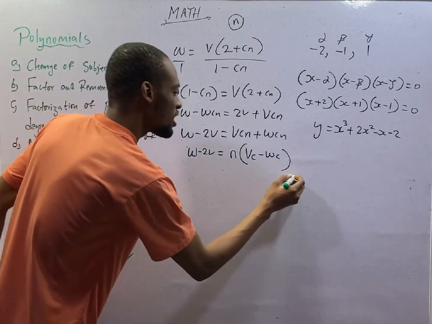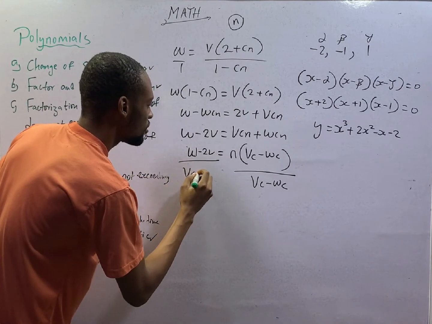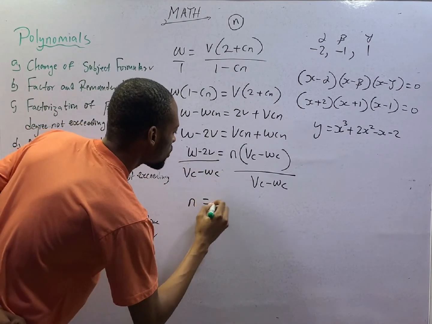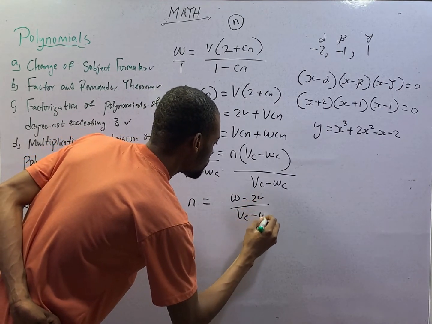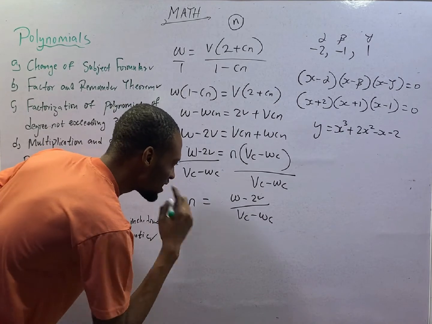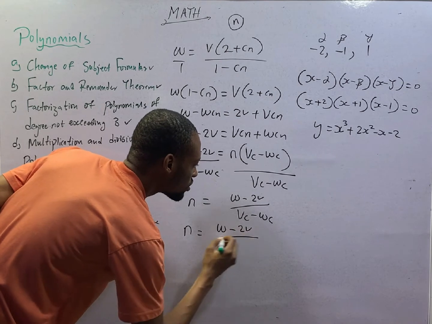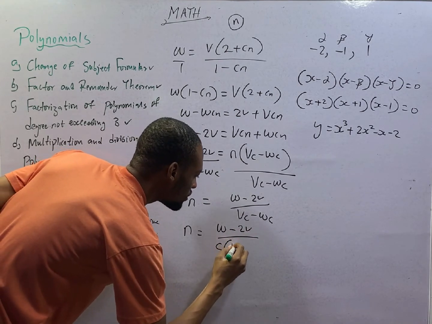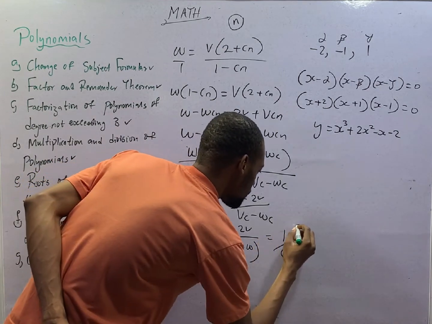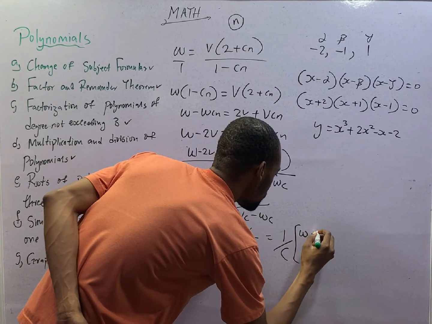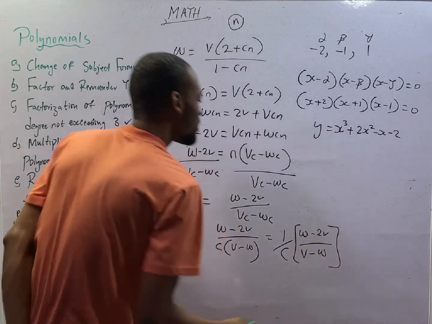So, dividing both sides by VC minus WC, you have n equals W minus 2V over VC minus WC. If you factorize C, we get n equals W minus 2V over C times V minus W, which equals 1 over C times W minus 2V over V minus W. So this is the answer.